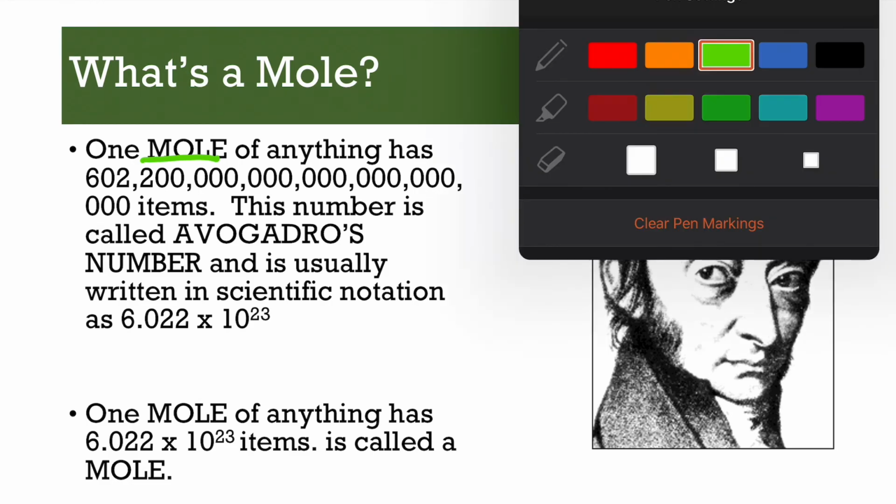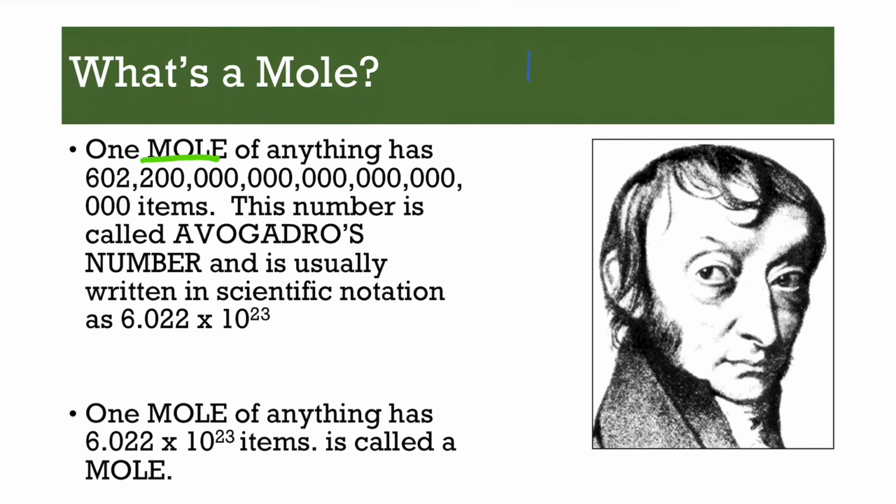And so he said, just like 1 dozen is 12 things, Avogadro said 1 mole is 602,200,000,000,000,000,000,000 things.